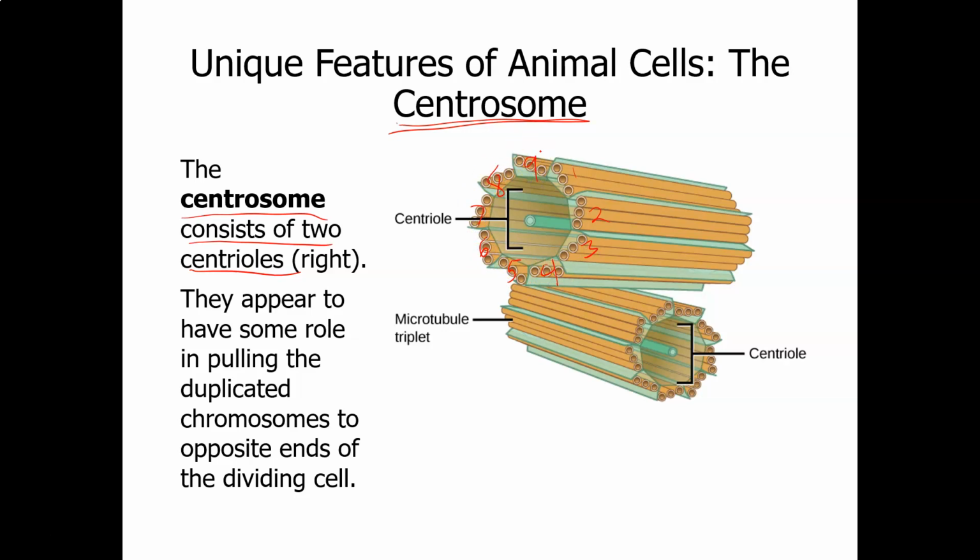And then it's a 9 plus 2 arrangement. I don't remember what the plus 2 is, but anyway, there's 9 sets of groups of 3, or triplets, of microtubules. So centrioles are made of microtubules, and their role is in cell division.